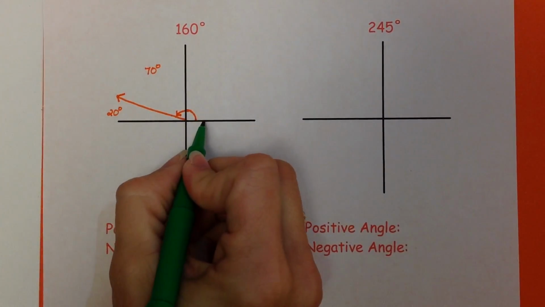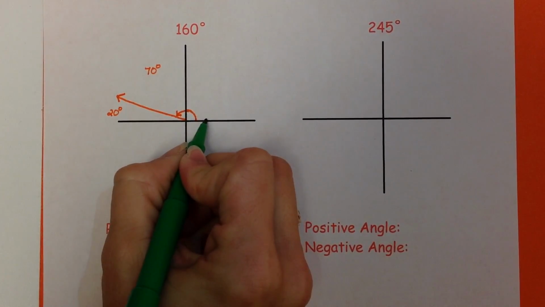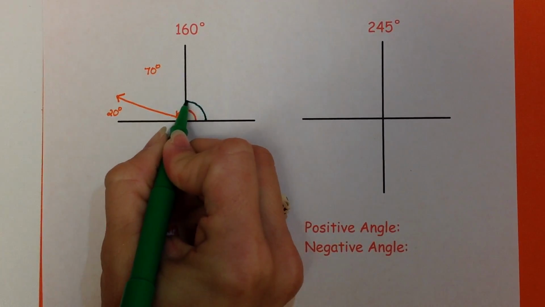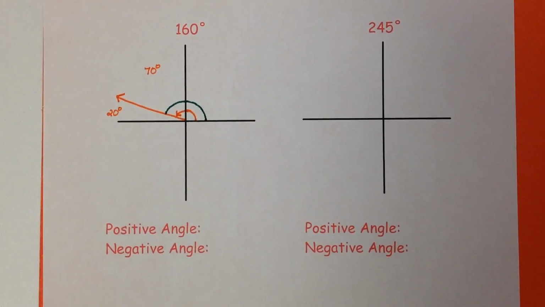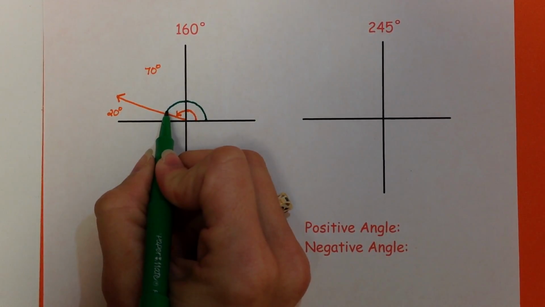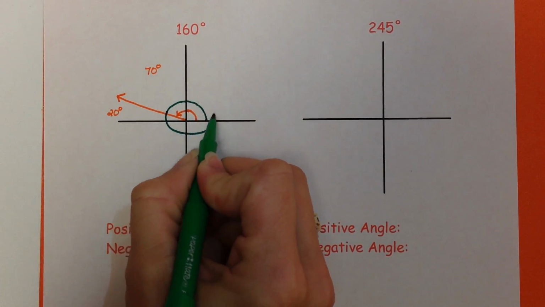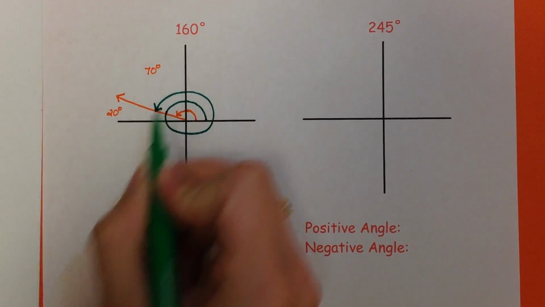So when I leave my positive x-axis, I have to rotate counterclockwise. Now I can't stop as soon as I get there, because remember, coterminal means they're going to stop in the same place. I can't stop as soon as I get there because that's just the 160 again. I've got to come up with another angle. So you're going to have to rotate past it and then come back to it.